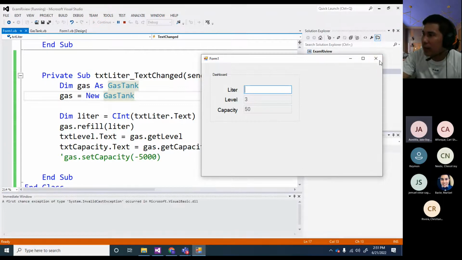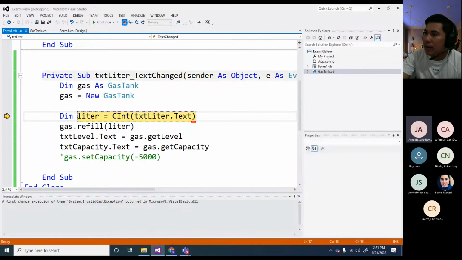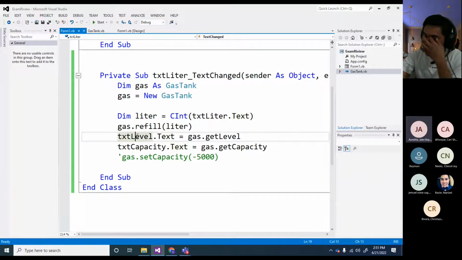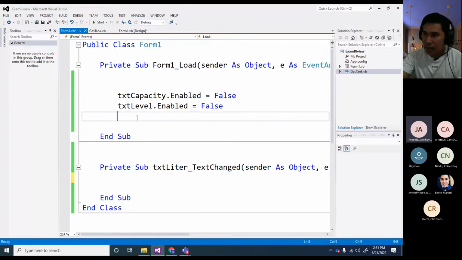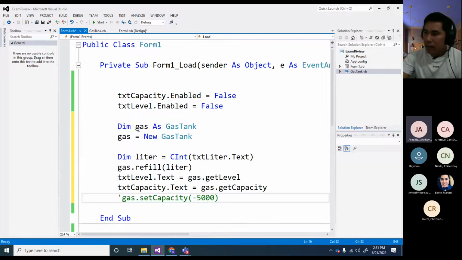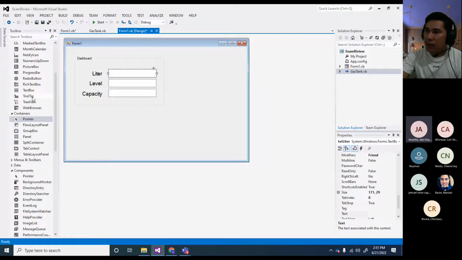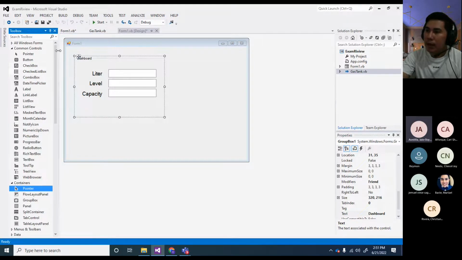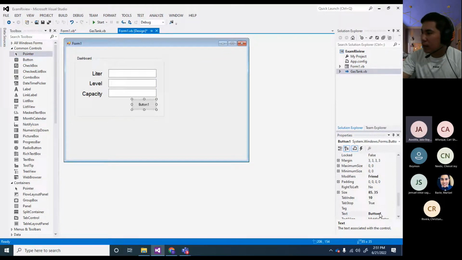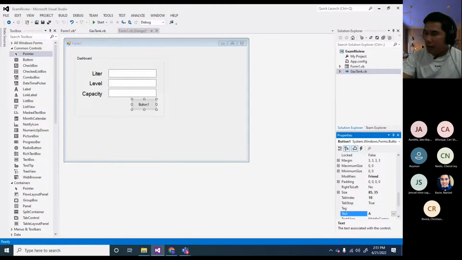Oh, wait, I'll update it. So let's delete that and put it in text change. And then I'll create a button. Let's say this is Add, Refill.